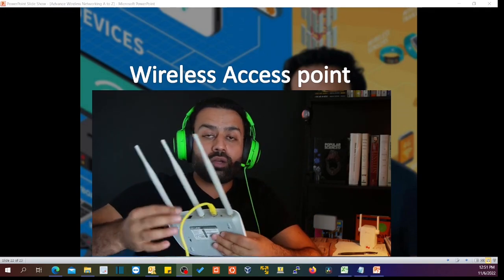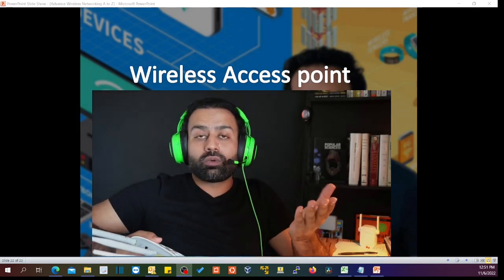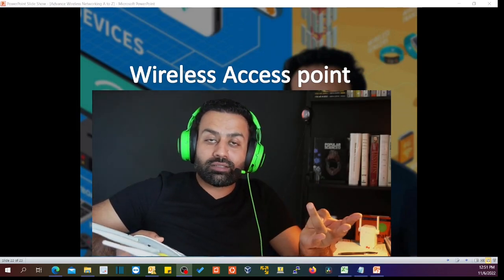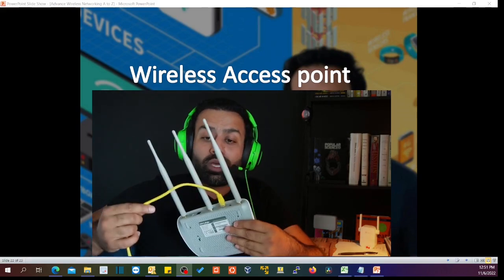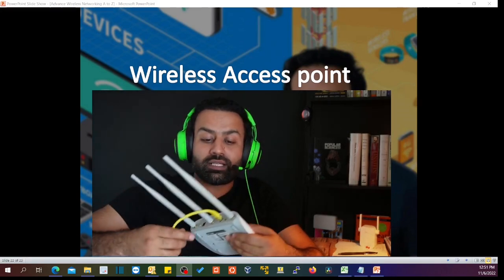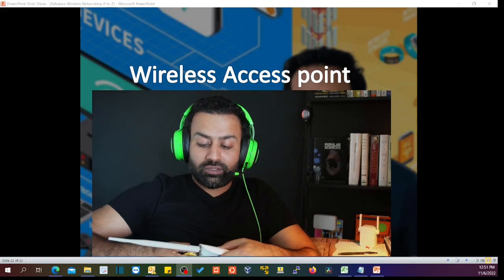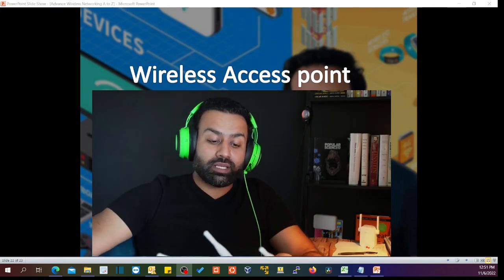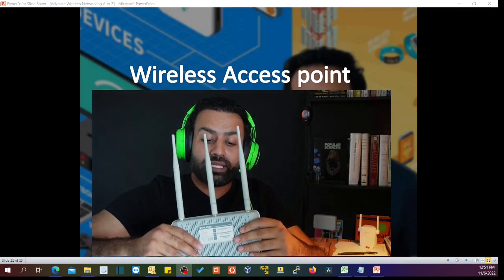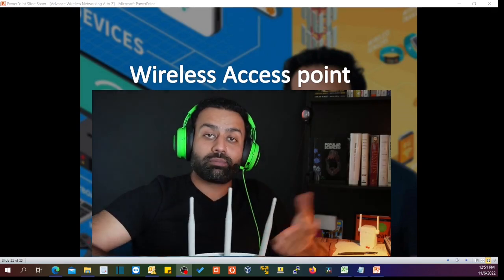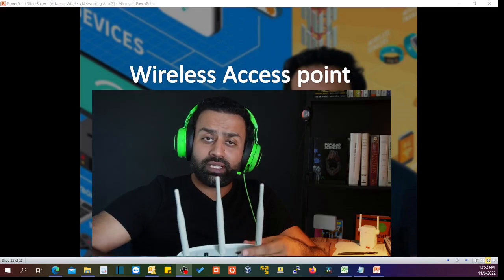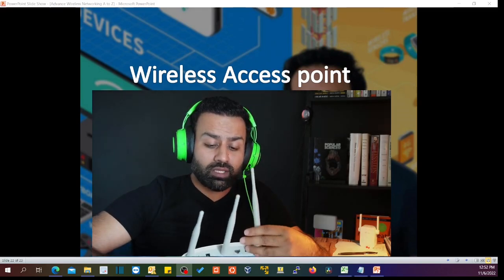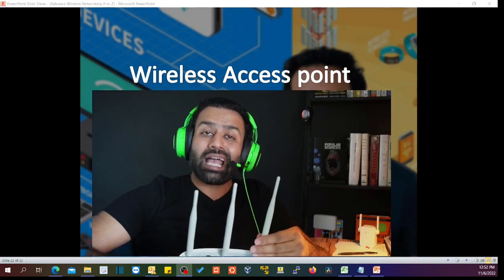Do you want wired or wireless? Ask the person: do you want wired internet or wireless internet? If they want wireless internet, you need to purchase a wireless access point, because with the wire you already have internet. This is the nature of the information. On top of that, a wireless access point is a layer 2 device of the OSI model. It's based on framing, because we can do MAC filtering and a lot of things with it, but we cannot configure DHCP.